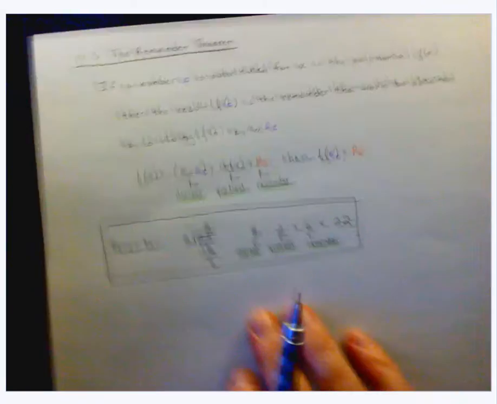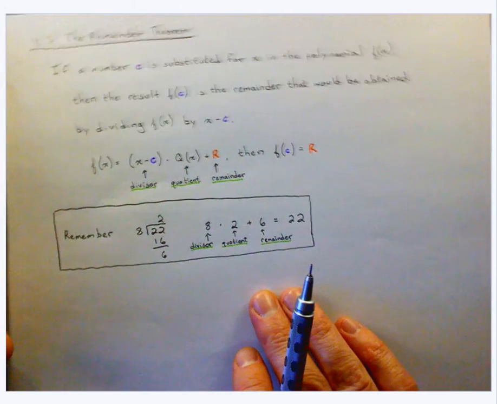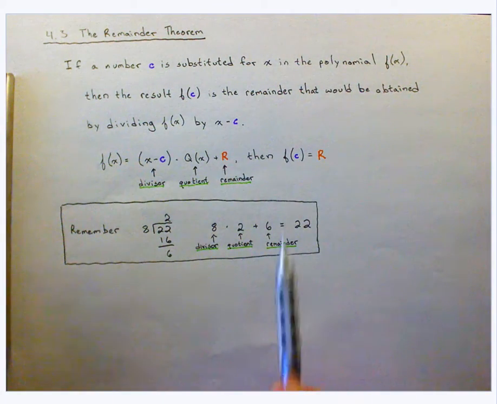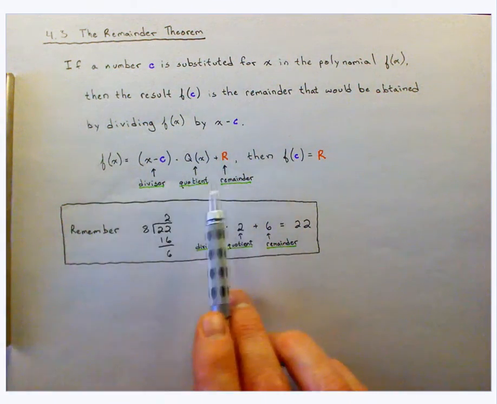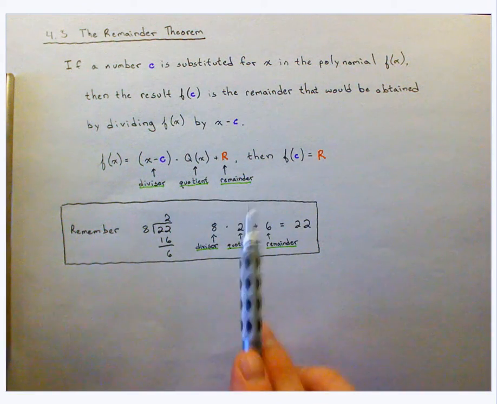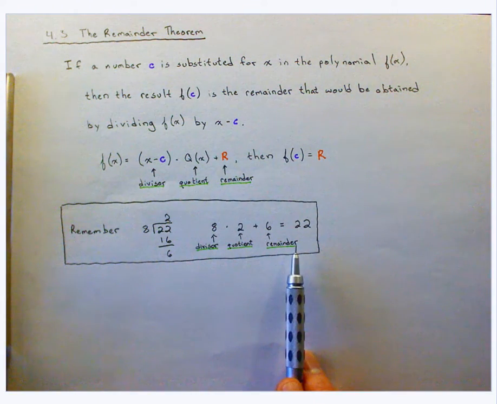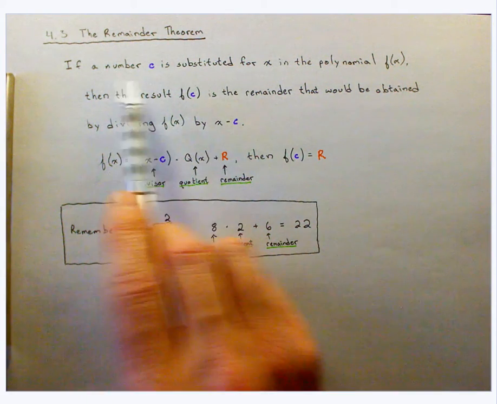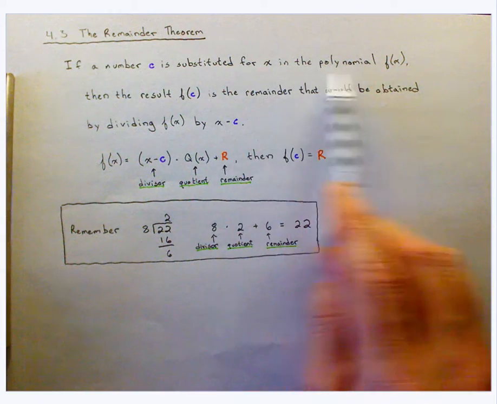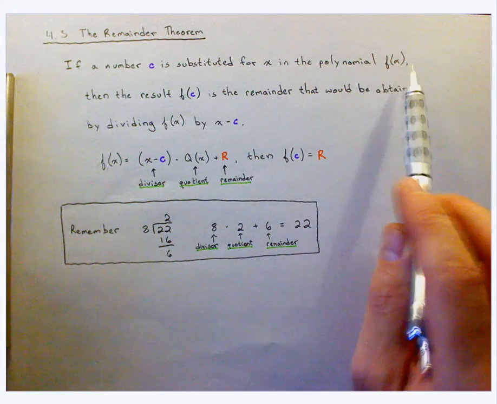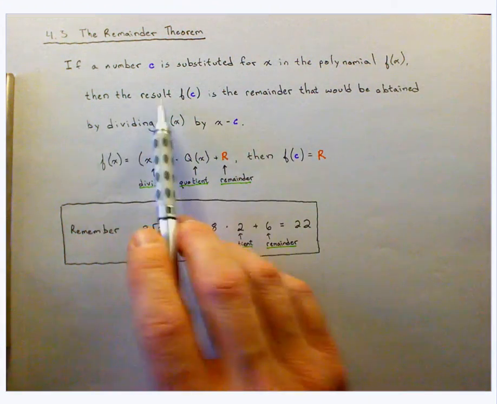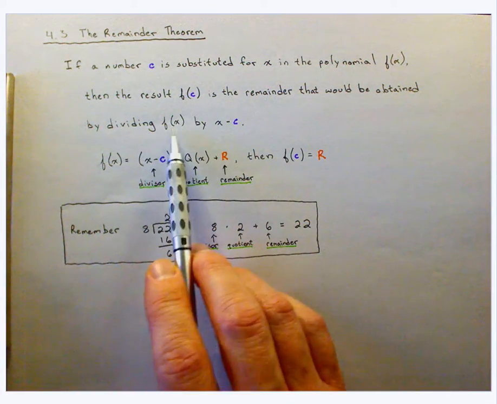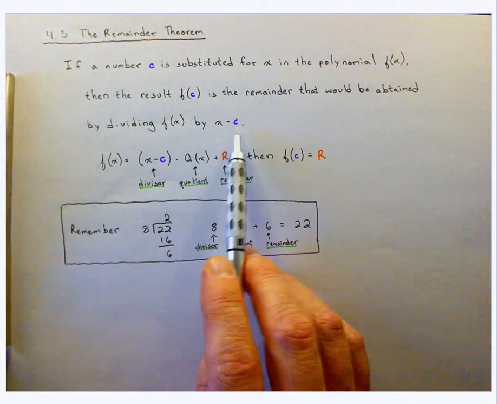But with the remainder theorem, I kind of already covered it. I showed you. And right here, this is what I've showed you. So I'm going to go through this as a reiteration of basic arithmetic long division, to show you what we'd already seen. If a number c is substituted for x in the polynomial f of x or p of x, doesn't matter what you call it, then the result f of c is the remainder that would be obtained by dividing f of x by x minus c.